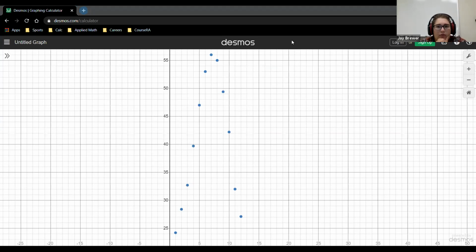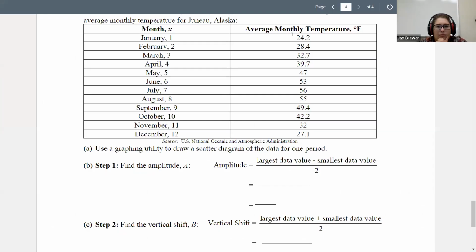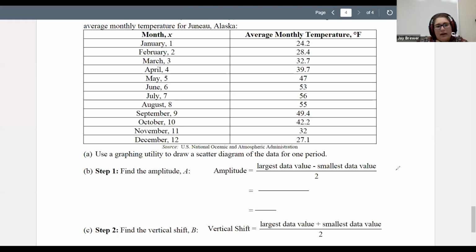And somebody walk me through, we're going to find our amplitude, but to find your amplitude when you're given a scatter plot or a model like this, it's a little bit different. Your amplitude ends up being pretty much like your range.